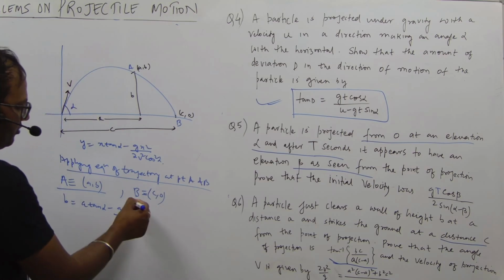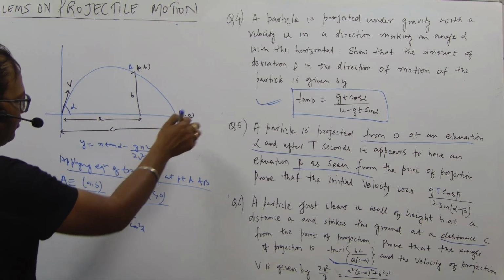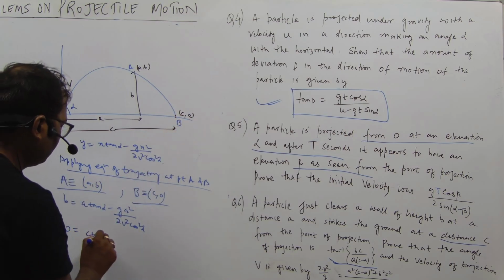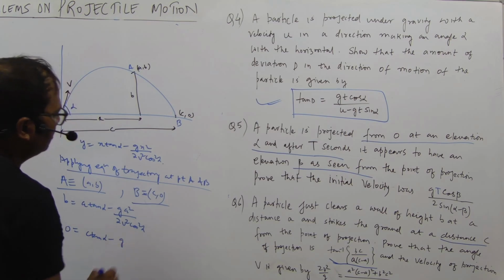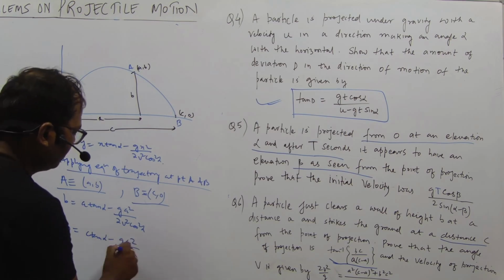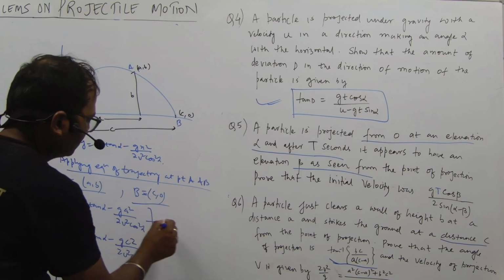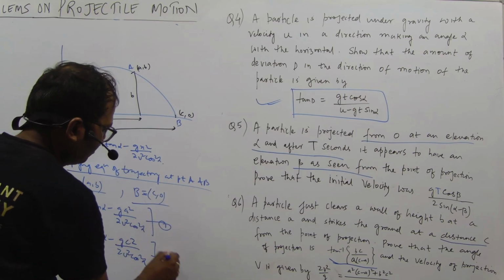Now at point B, the value of y is 0, so 0 is equal to c tan alpha minus gc square upon 2v square cos square alpha. We have this as equation 1 and this as equation 2.